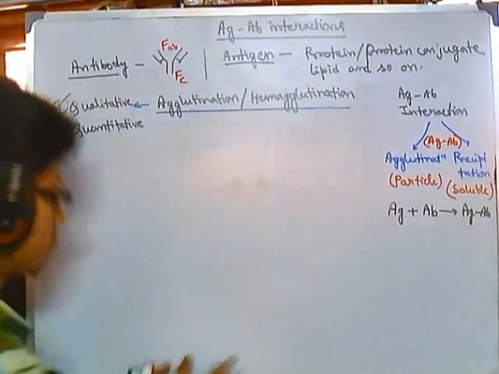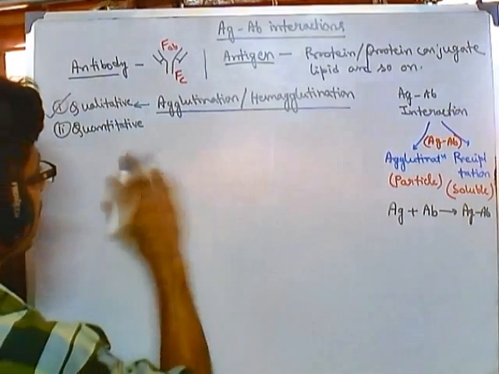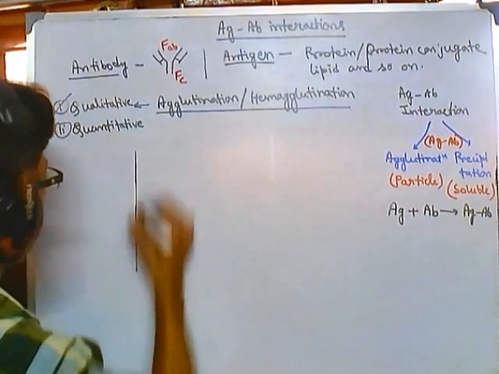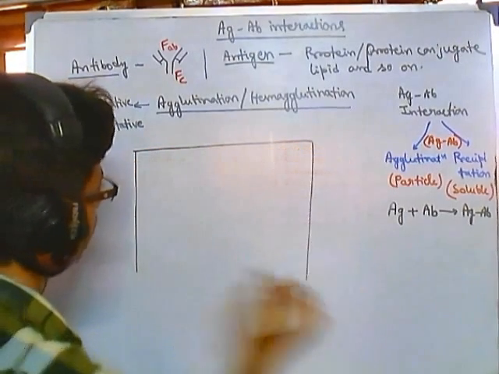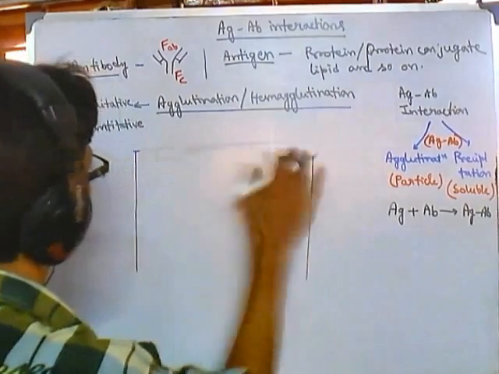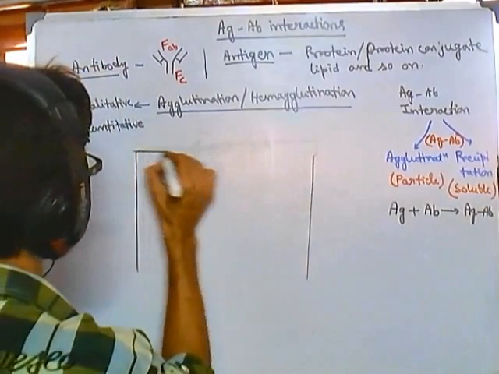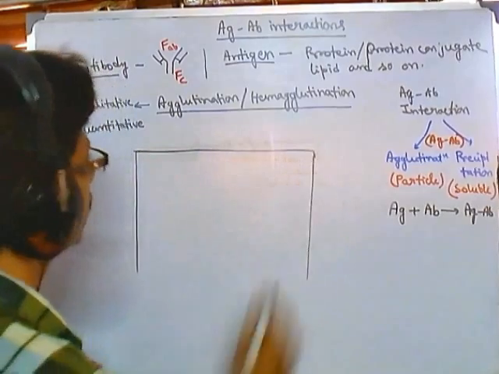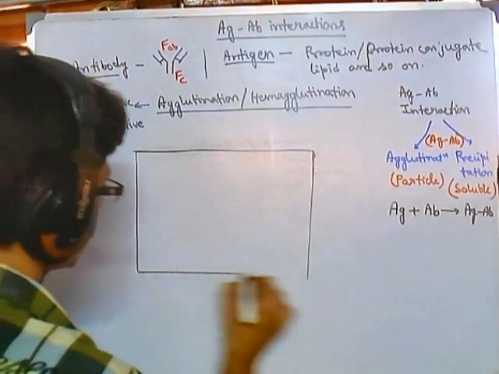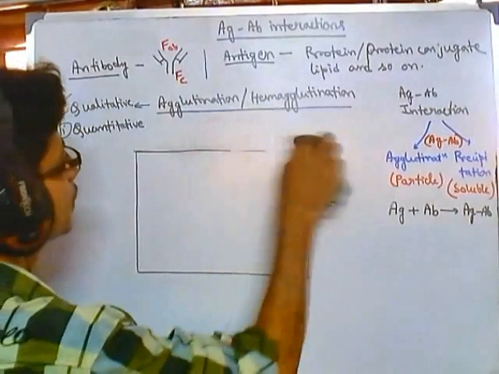Now in this case, we have a special type of plate, which is called a microtiter plate. Here it is. Let me erase this part.